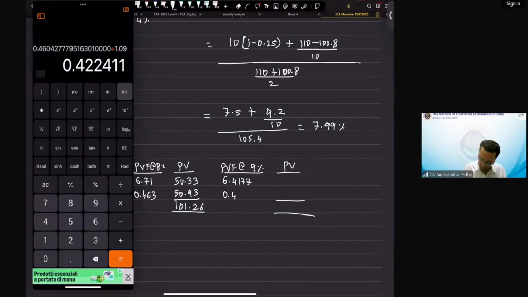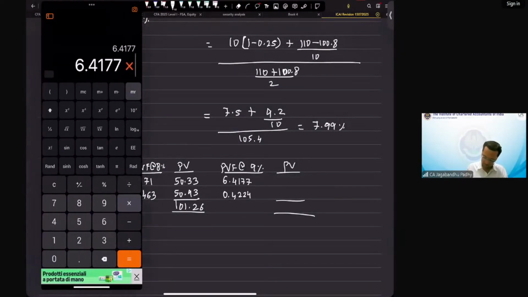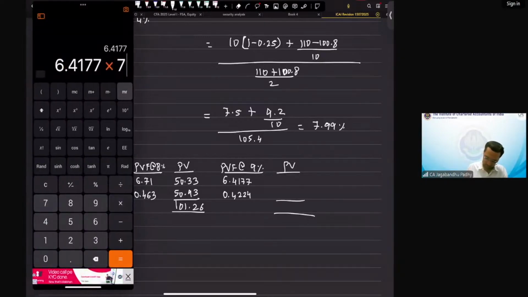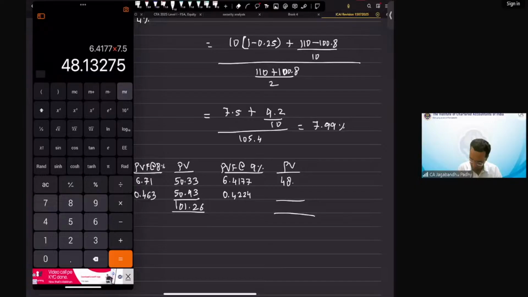This is 0.4224. 6.4177 into 7.5 is 48.1328.